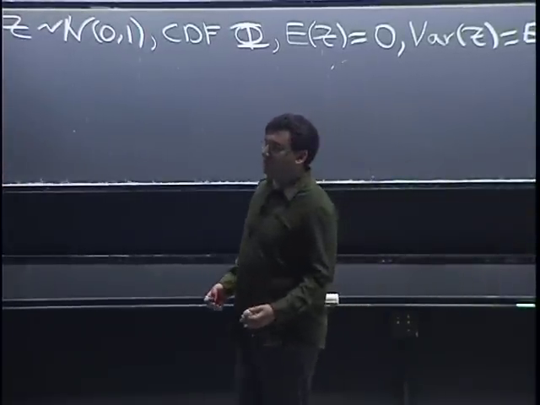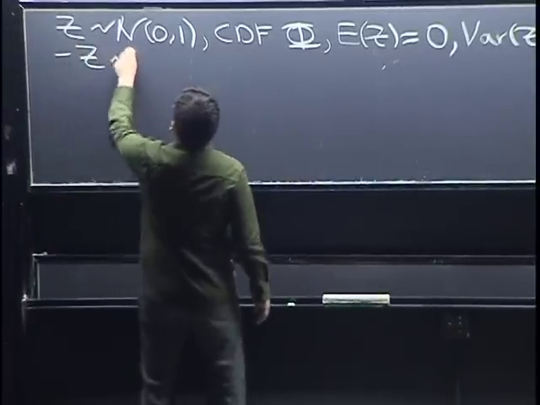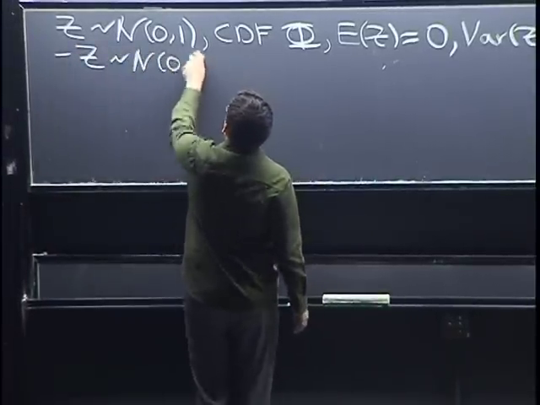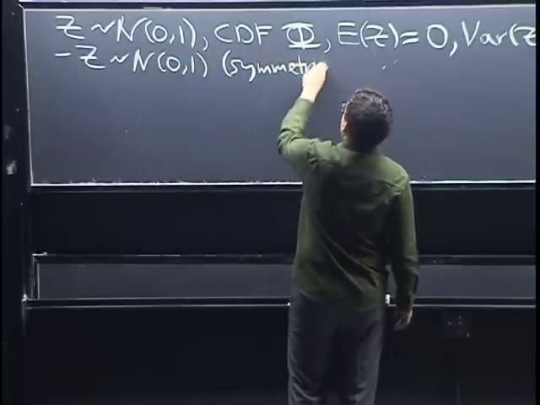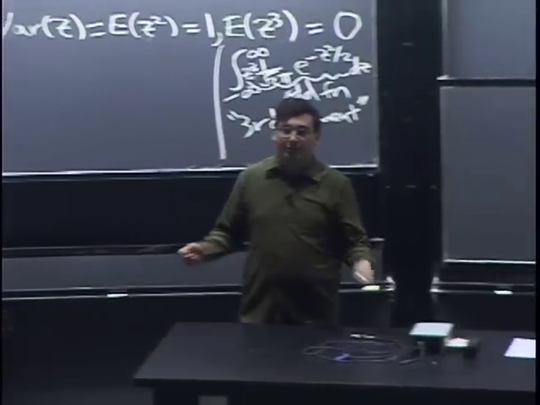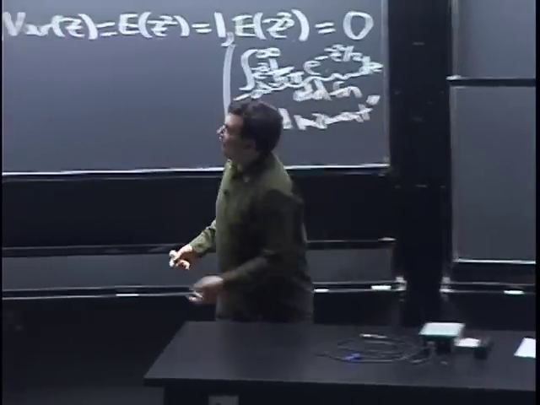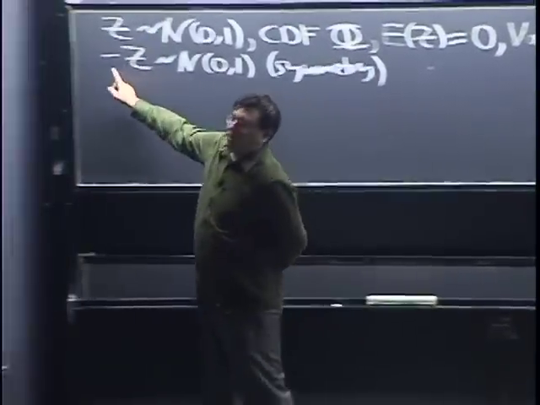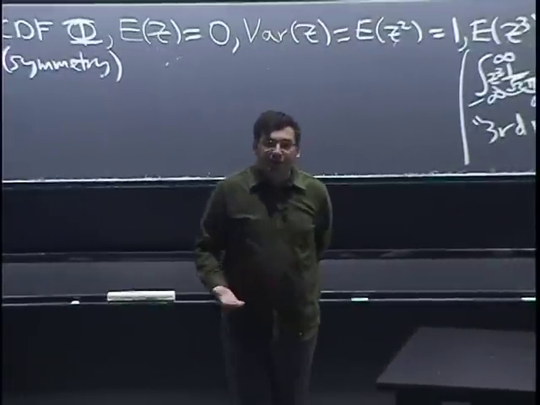Okay, so I was talking about symmetry. Let me just mention symmetry one other way, which is that minus Z is also standard normal. That's just another way to express the symmetry of it. That is, the PDF is this bell curve that's symmetrical about 0. So if you flip between plus and minus, just flipping the sign, that changes the random variable.